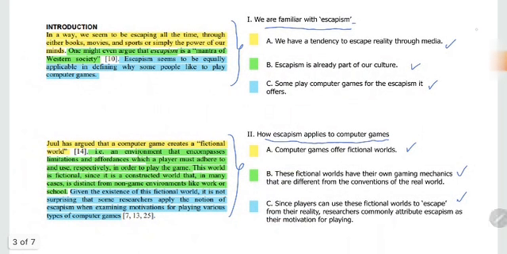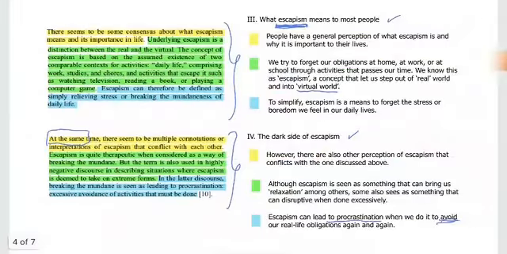So notice as well how we move from more general to more specific topics in each paragraph. So paragraph number 1, we talk about escapism. What is it? Second one, we talk about escapism in games. Bakit pwede ka mag-escape through games? On the third one, we mention the benefits. Why is it helpful to escape from time to time?